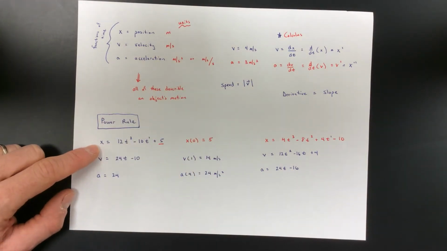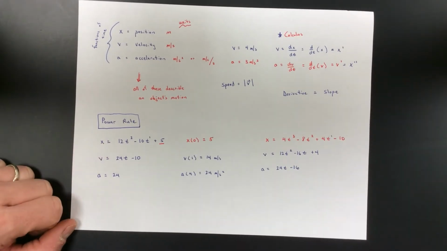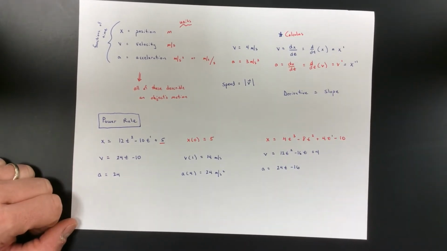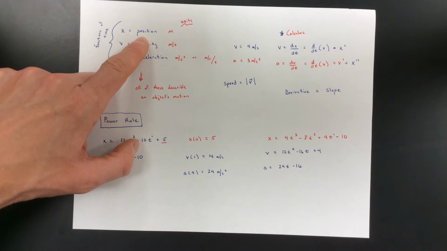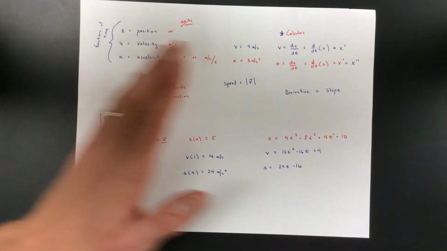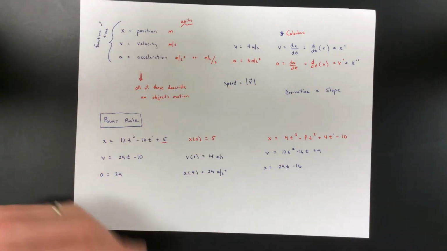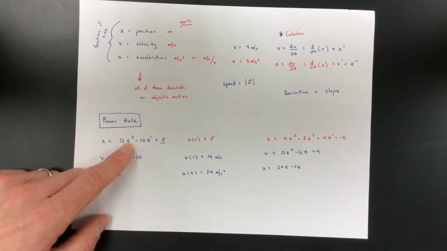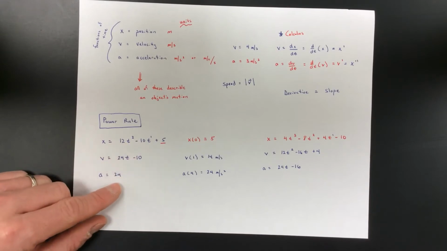Use the power rule, bring the power down, decrease the power by 1. And so if I give you any position function, eventually the position might be an exponential, or it might be a cosine or a sine curve. In simple harmonic motion, it's going to oscillate back and forth, back and forth. Your position might be a quadratic, which gives a linear velocity and a constant acceleration.